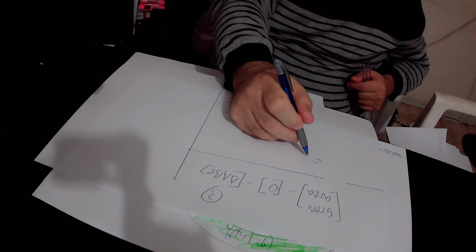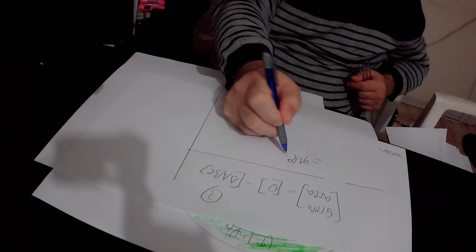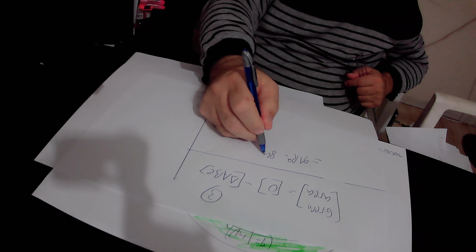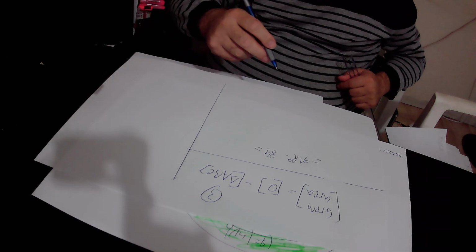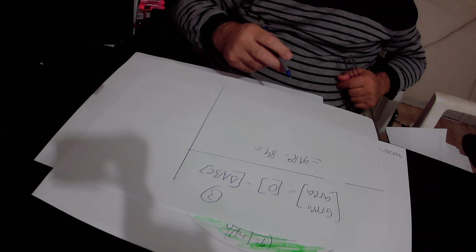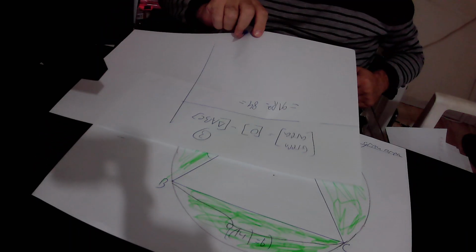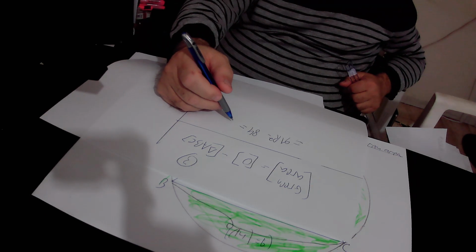The area of the circle is pi r squared, and we have already found out that the area of triangle ABC equals 84 square units. We have already found out that r equals 65 over 8.